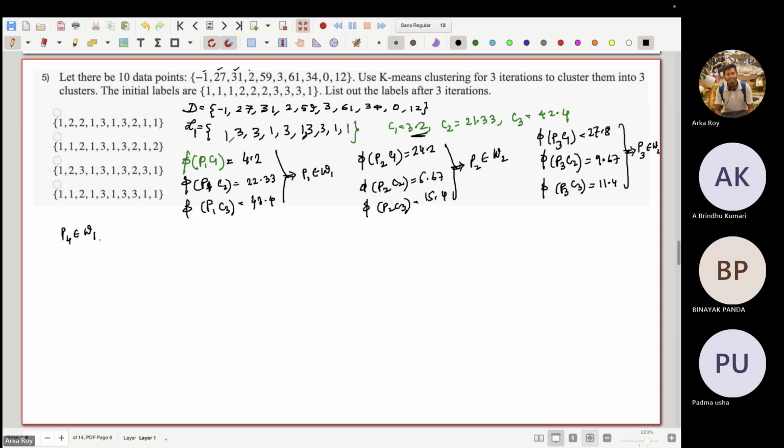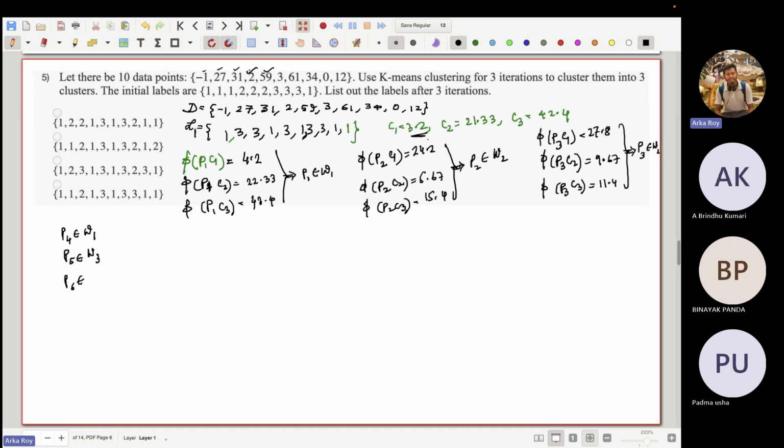Then let us see what P5 is. P5 is 59. Obviously, it is lying beside C3, because the distance between 59 and 42.4 would be the lowest compared to the other two cases. So it will be omega 3. Then P6, the value is 3.